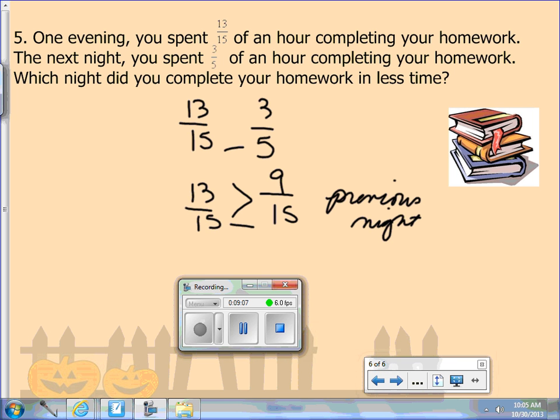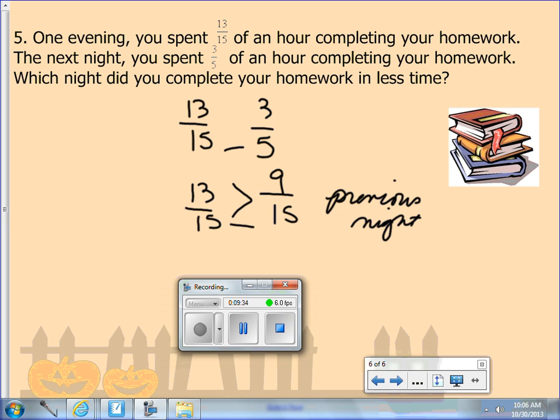Now, when I looked at both of their denominators, I noticed that they had a common denominator of 15. So I kept 13/15 as 13/15 and changed 3/5 to 9/15. Therefore, comparing the two, 13/15 is greater than 9/15. So your final answer would be, which night did you complete your homework in less time?